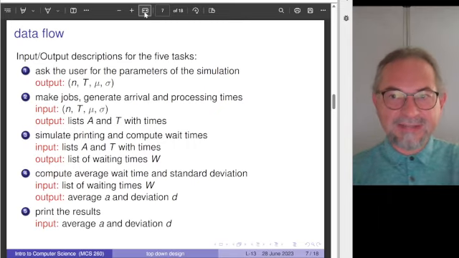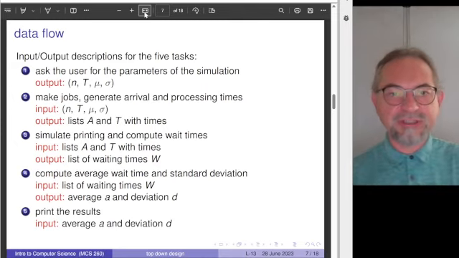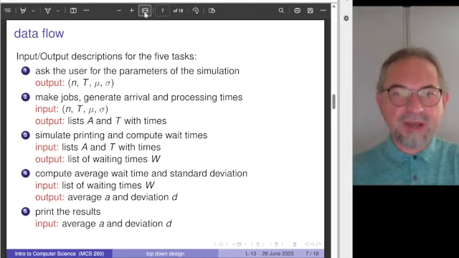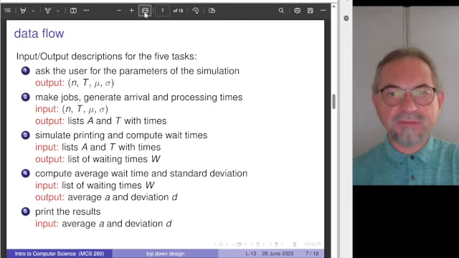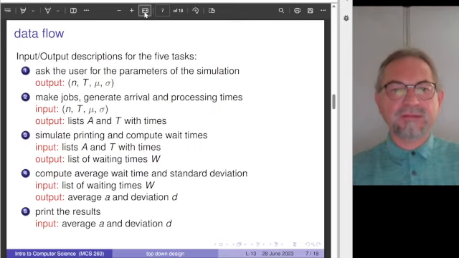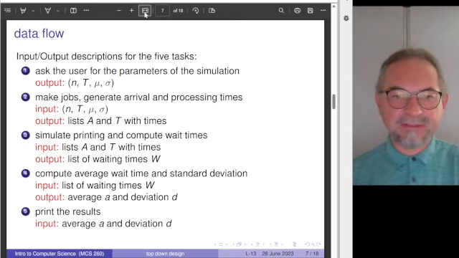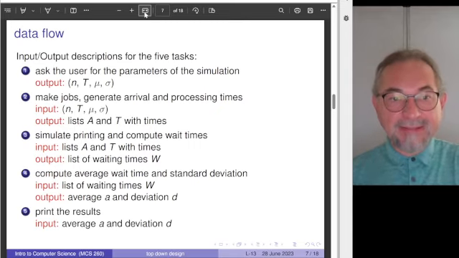It's syntactically not entirely wrong, so the scope rules of the variables can change. As soon as you have the list of arrival times, you no longer need the capital T for the total length of the time interval. But nevertheless, it's not such a good practice. So the main step is now the simulation.